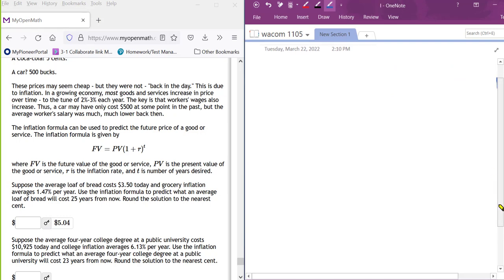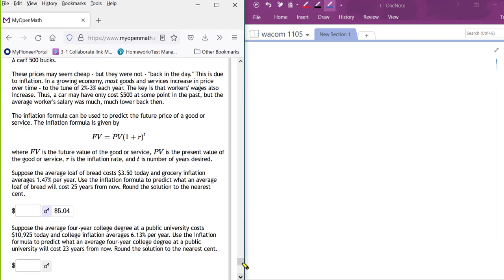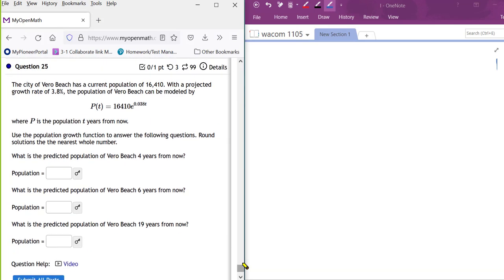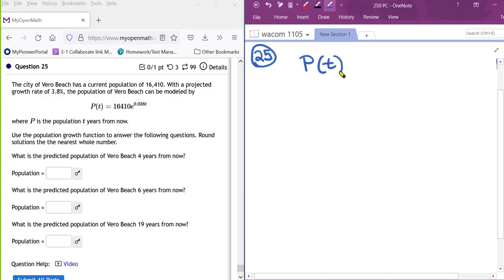And this one is a population one. Dr. Kilman wrote these problems. They're really cool because this one is for Vero Beach. And some of them come up with other local cities, so it's kind of cool. He looked up stuff that is relevant to us. So here is our expected population, right?